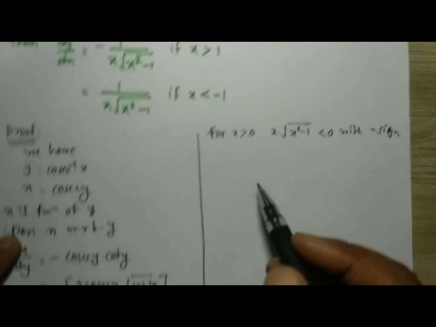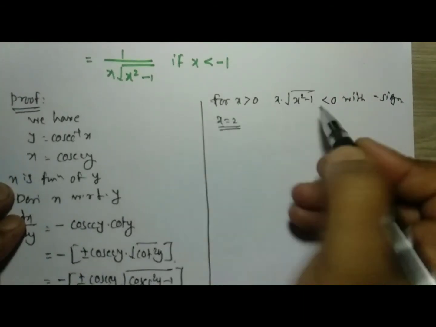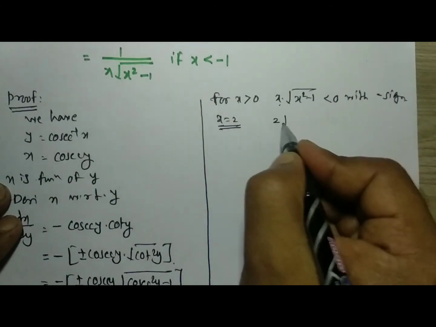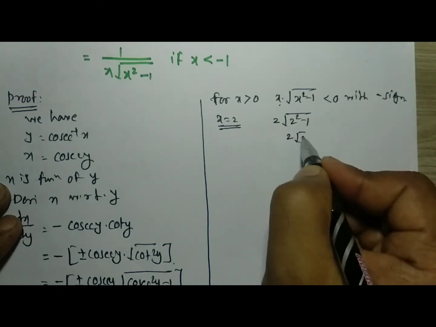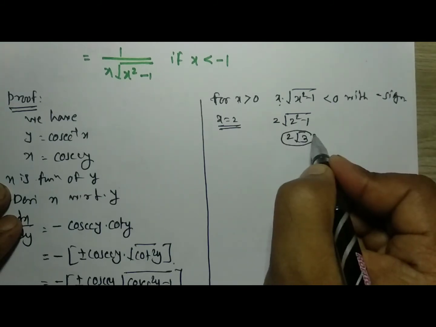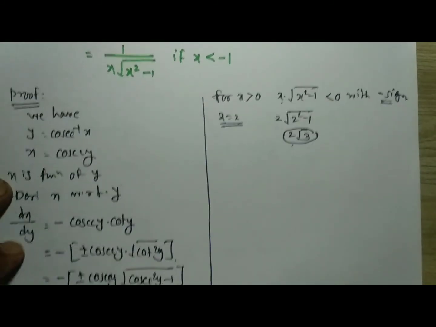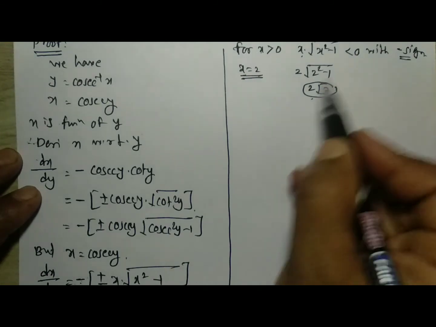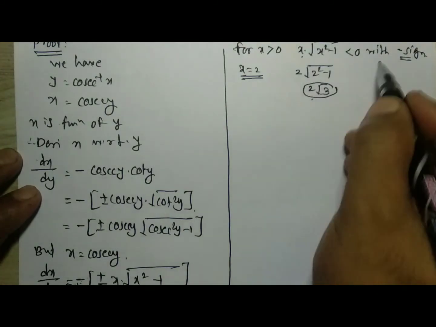For this purpose we take x equal to 2. Putting x equal to 2 inside this, you get 2 into square root of 2 square minus 1, that is root 3, and this value is positive, no doubt, but with the negative sign it becomes negative.